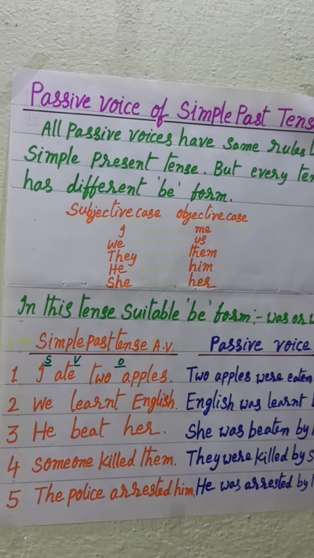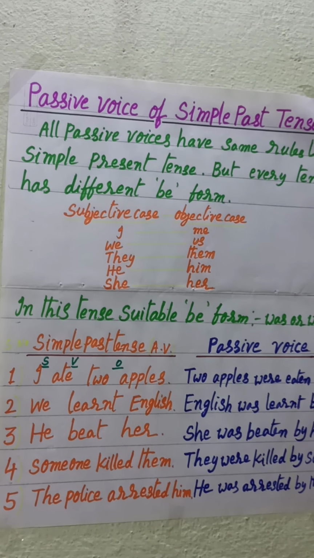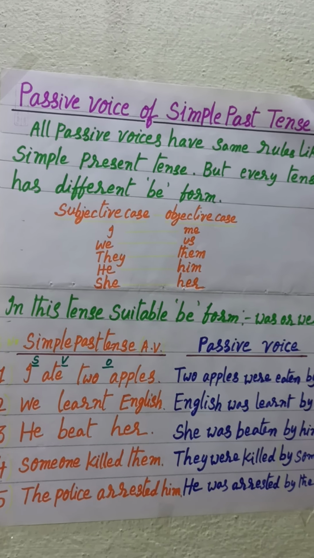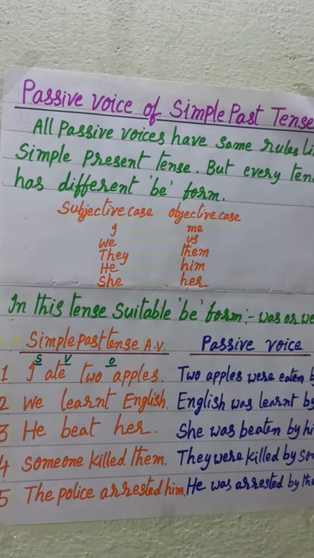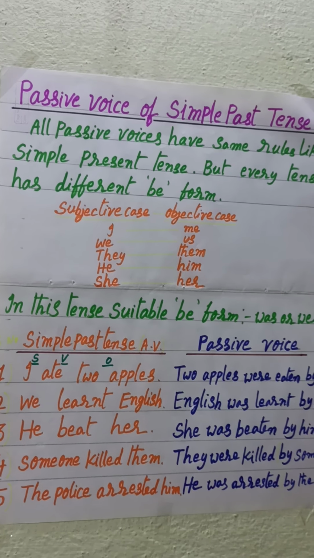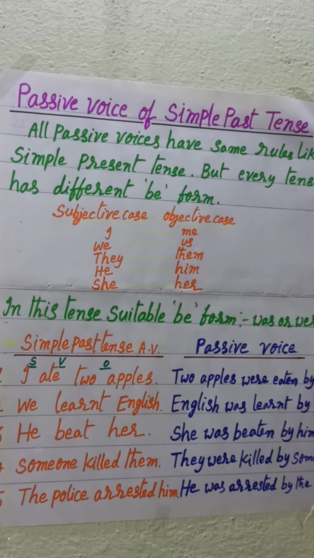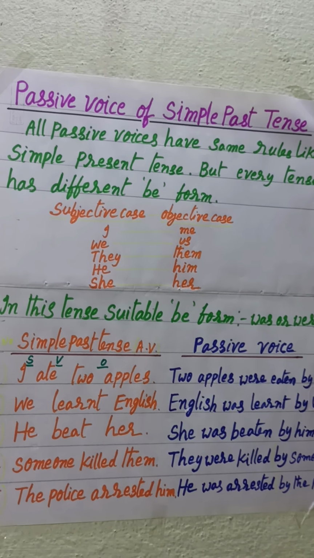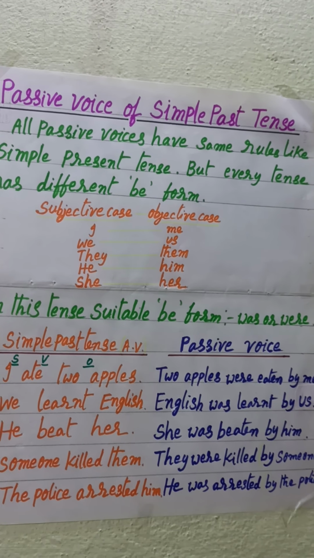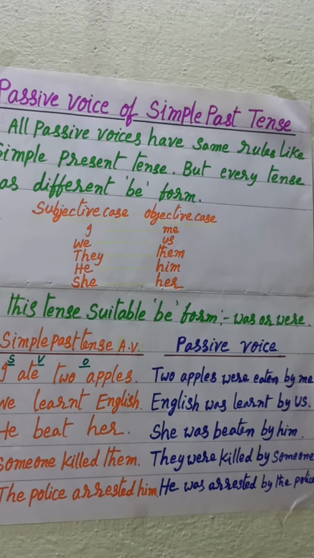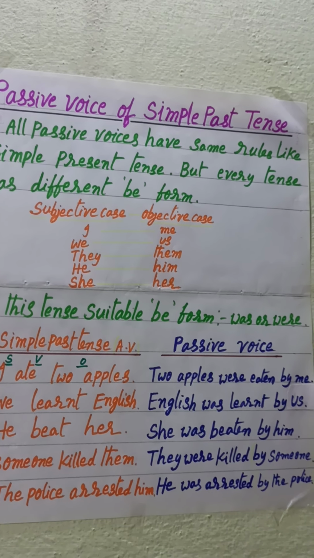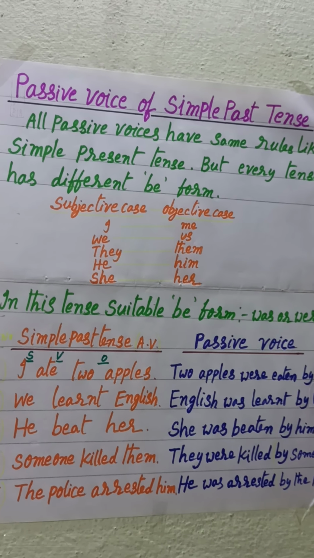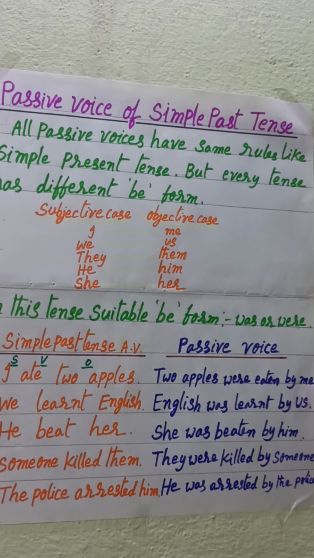The same way, second sentence: we learnt English. We is subject, learnt is V2 or past, English is object. English was learnt by us. Here we changes to us in the passive voice.